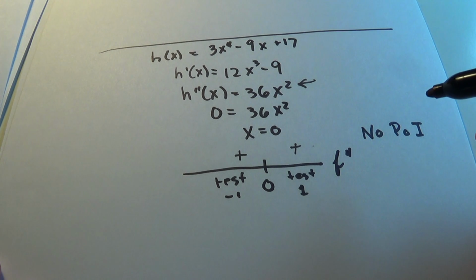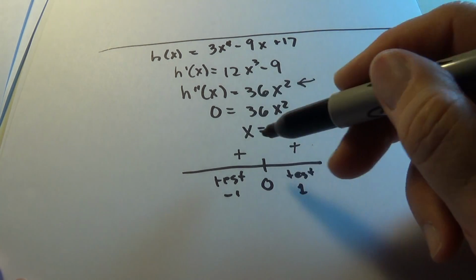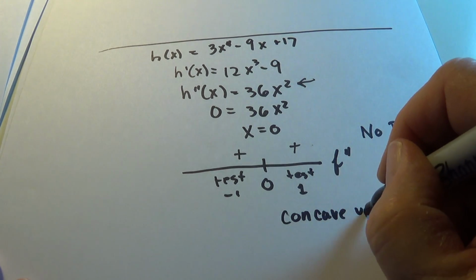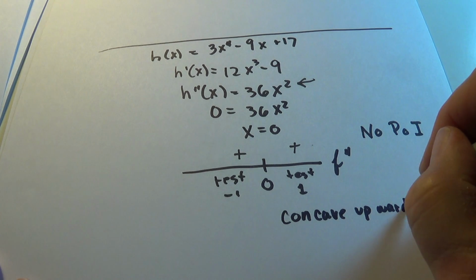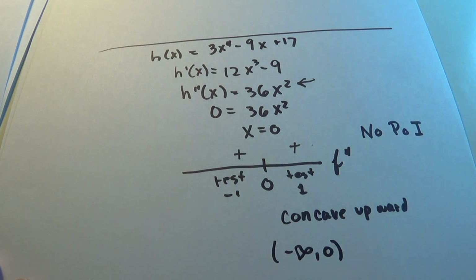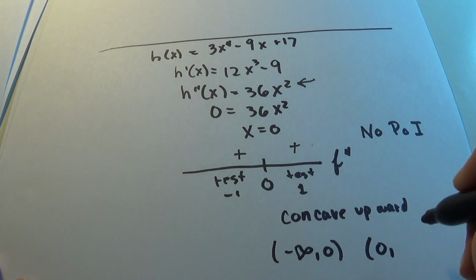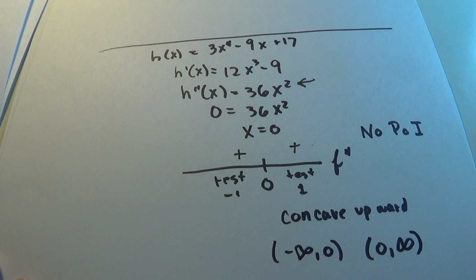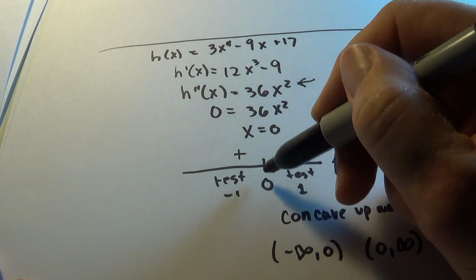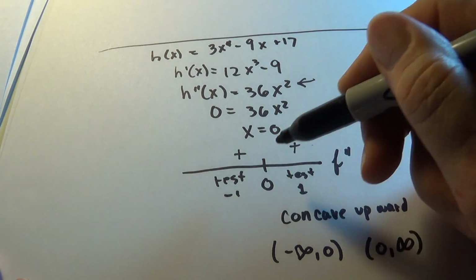So where are the intervals of concavity? Well, it's concave up from -infinity to 0, and then it's concave up from 0 to +infinity. Notice I couldn't include 0 because I know the second derivative at that point is 0. But it's not a point of inflection.